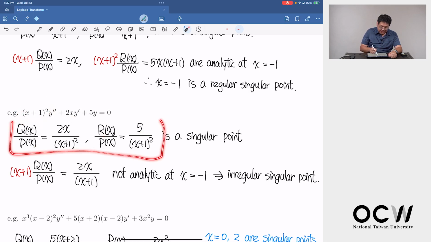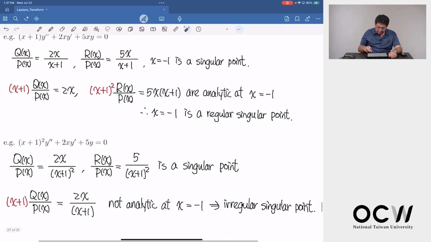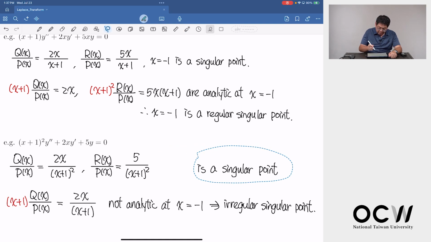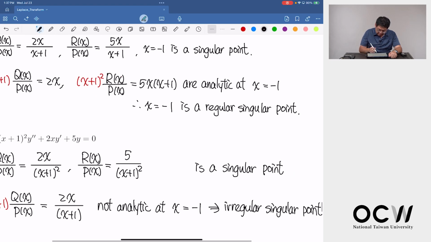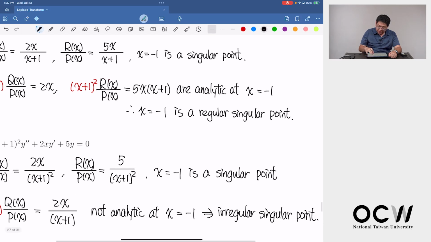Apparently in these two fractions, it is a singular point at x equals minus 1. So I should say here, x equals minus 1 is a singular point.